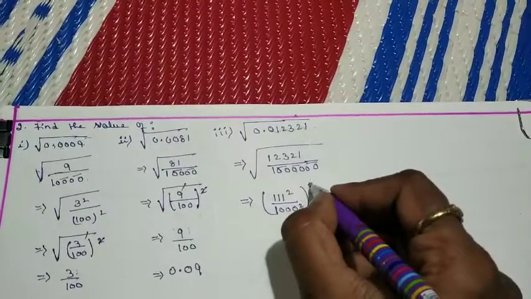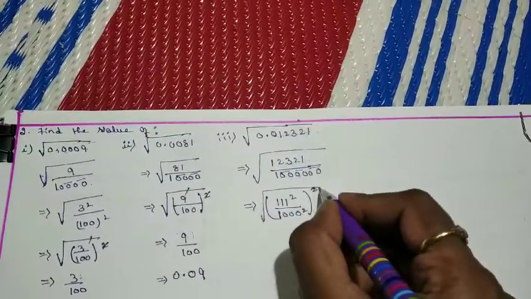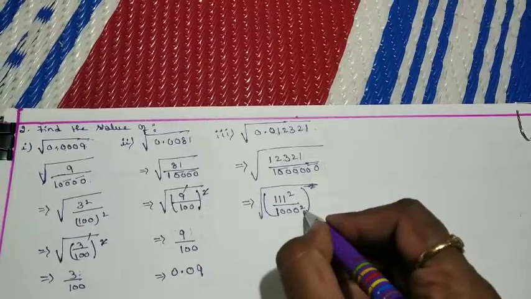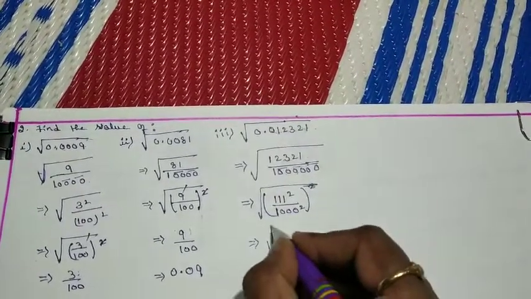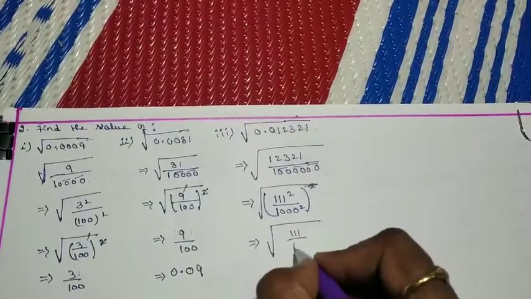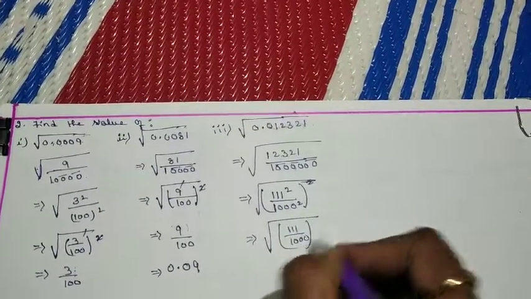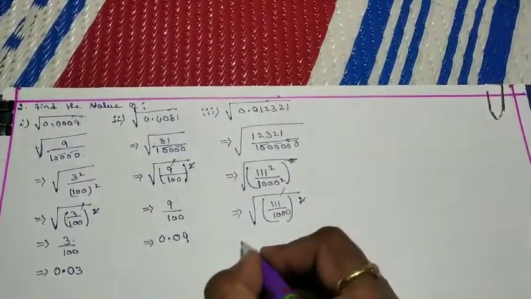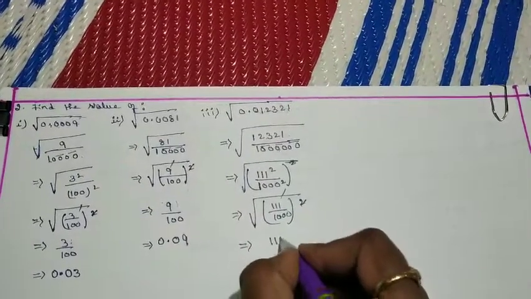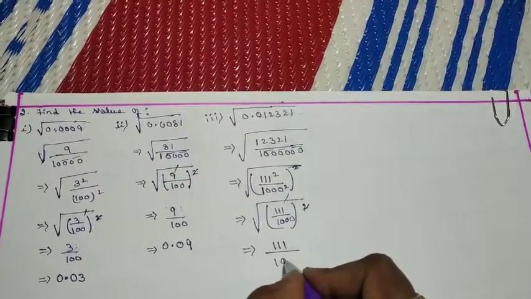Then this becomes under the square root. Then a square by b square is nothing but a by b whole square. Then this square and square root get cancelled. We'll get the answer as 111 by 1000.